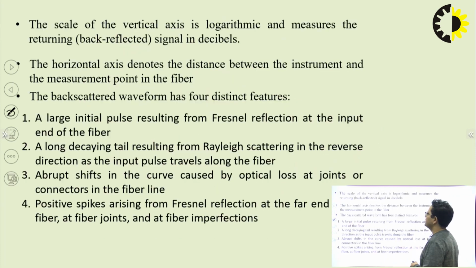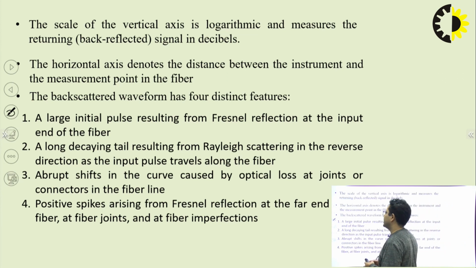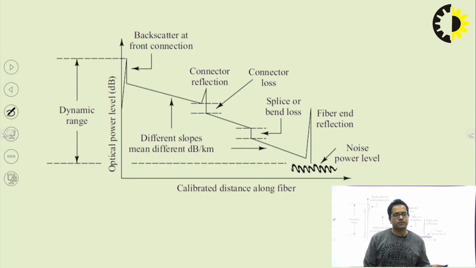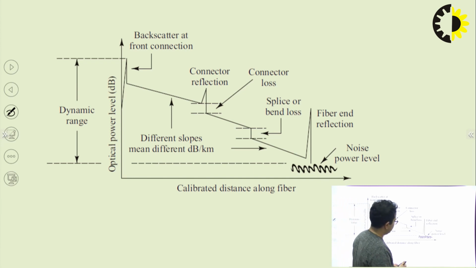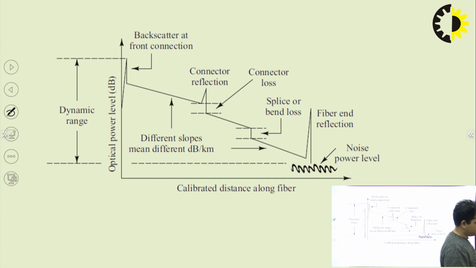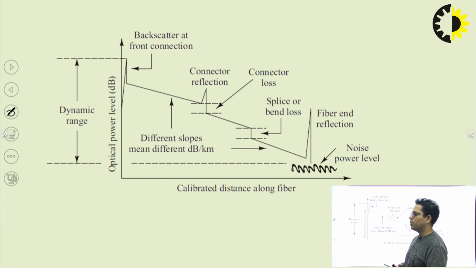Now the next thing is, what is the information that one can get with the help of this graph? What is the information on the horizontal axis? We are seeing the distance of the fiber: the distance along the fiber at which the loss is occurring. So we have a calibrated distance along the fiber on the x-axis, and on the y-axis we are plotting the optical power level.